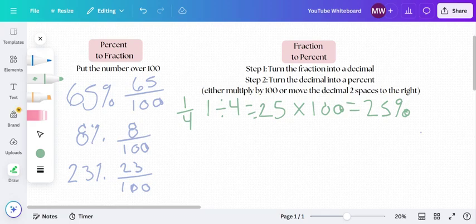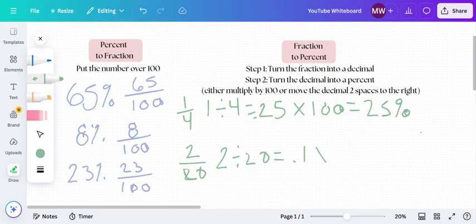All right, let's try another example. We've got 2/20. So first I need to turn this into a decimal. So I would do 2 divided by 20. And that is going to get me 0.1, or 1/10.